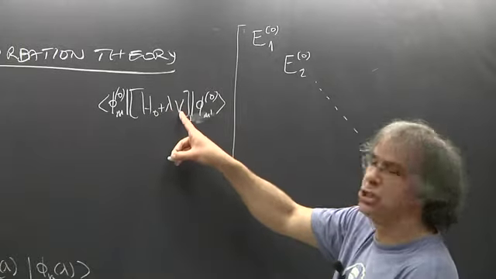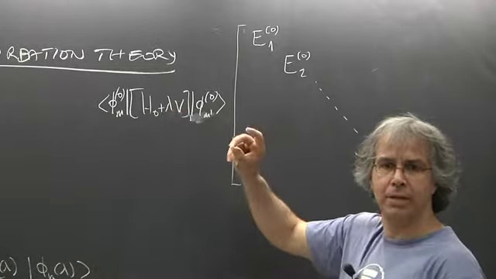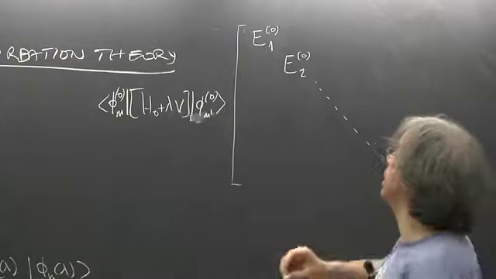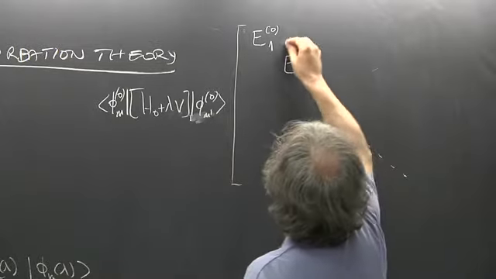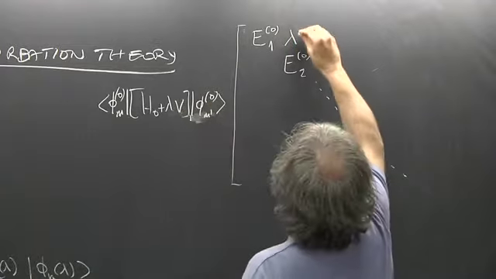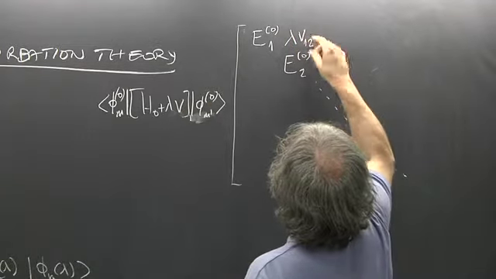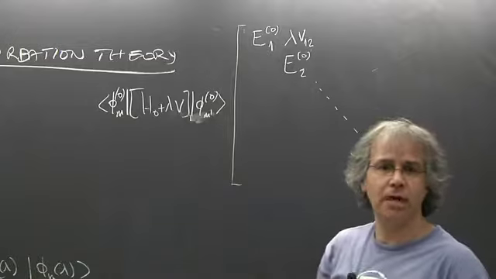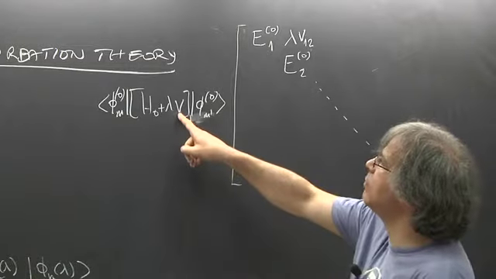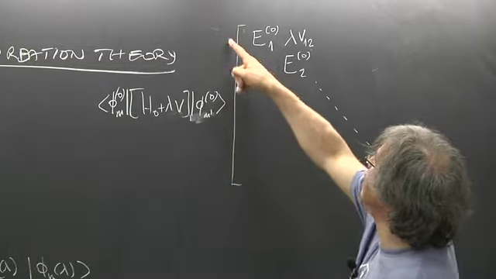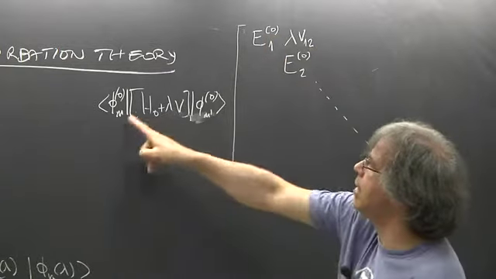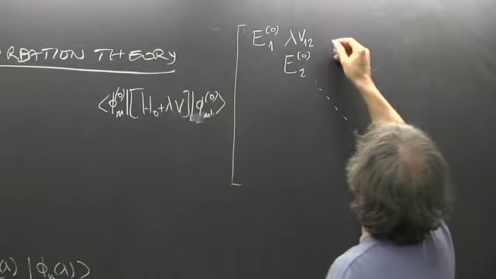But V is in general making the matrix fully non-diagonal. So for instance, here I would have lambda V1,2. Let me use a shorthand. V1,2 means the matrix element of V between the state 1 and the state 2.